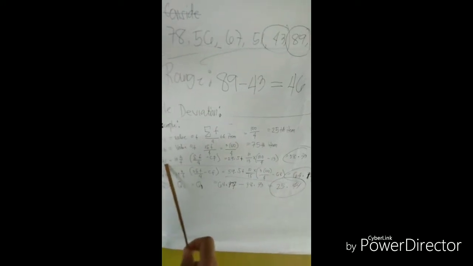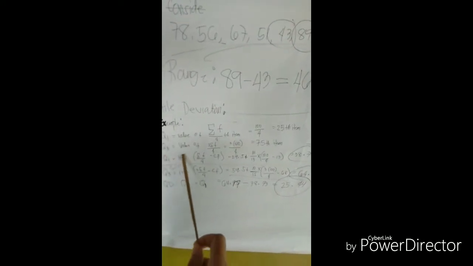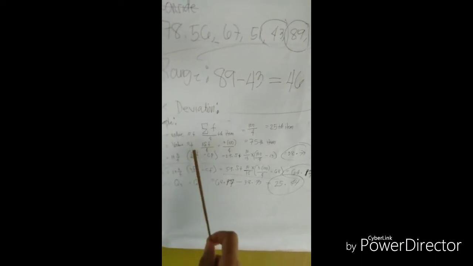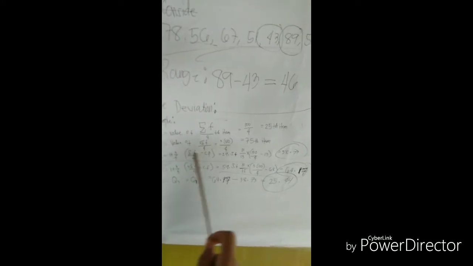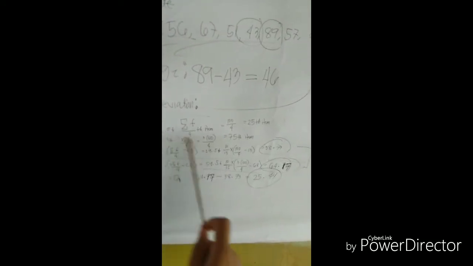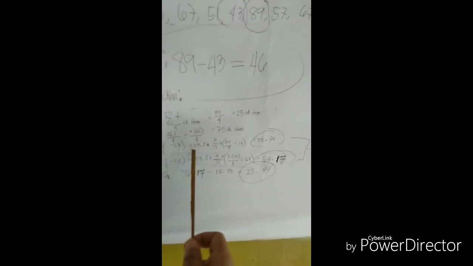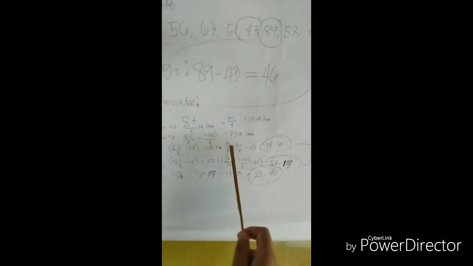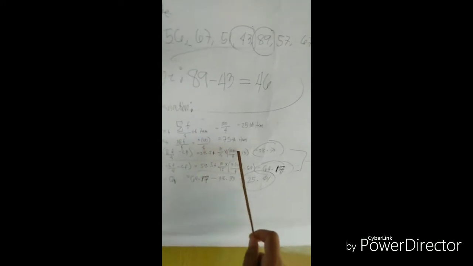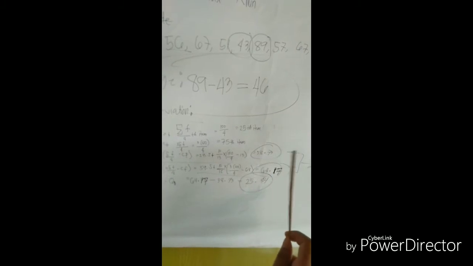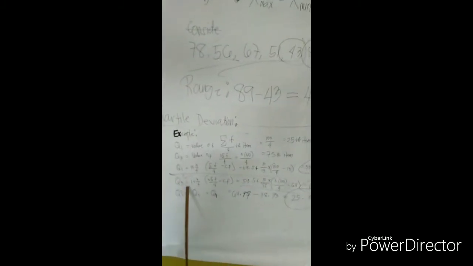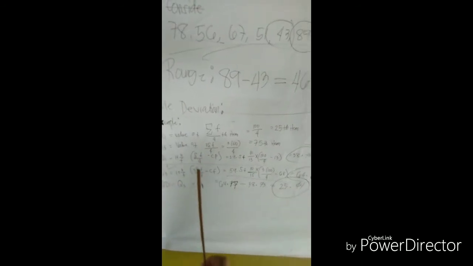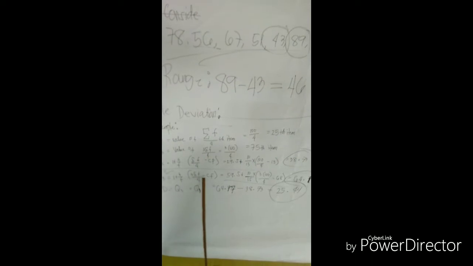Then first quartile equals L plus h divided by f times N divided by 4 minus CF, equals 29.5 plus 10 divided by 13 times 100 divided by 4 minus 13 equals 38.73.